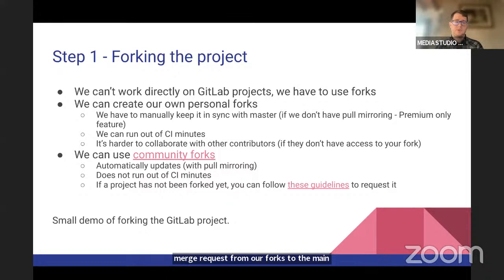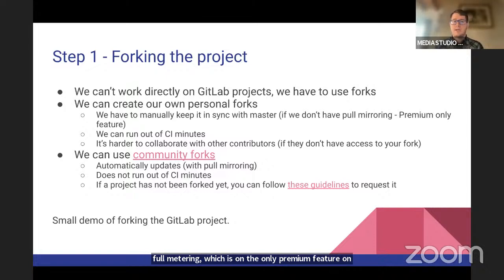We have two choices. We can create our own personal fork, but if we do that, we have to manually keep in sync with the master of the original project, if we don't have pull mirroring, which is only a premium feature on GitLab.